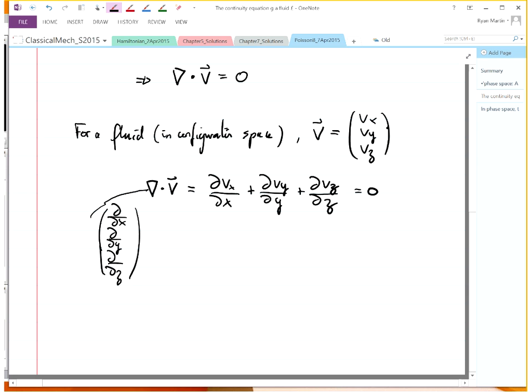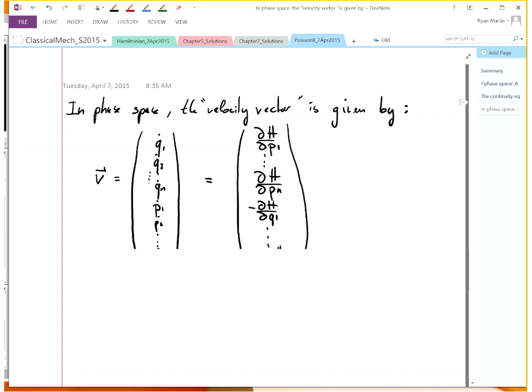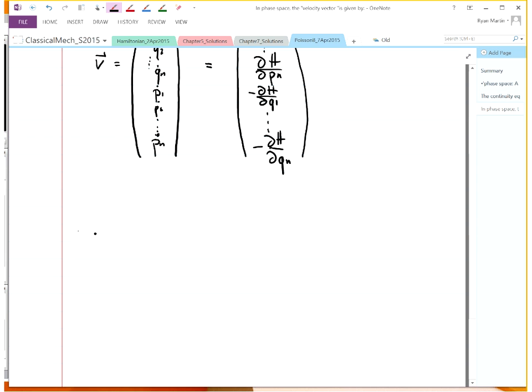It's exactly analogous to the components of the velocity field for fluid dynamics. So what I need now is to take the divergence of that. I need to know what my del operator would look like in phase space. The del operator is the derivative with respect to each coordinate. So the first components are ∂/∂q1 all the way to ∂/∂qn.